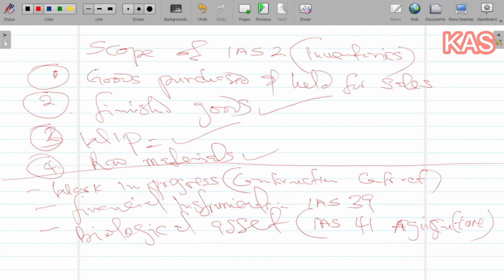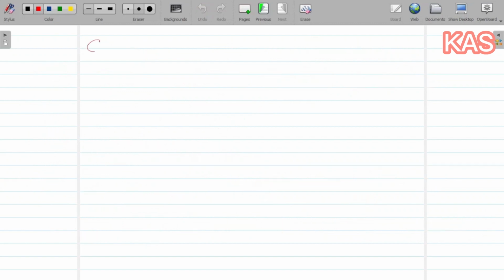Then now we are going to look at the cost of inventory. What are the components that make up the cost of inventory? We are going to look at them. First, we have purchase costs.